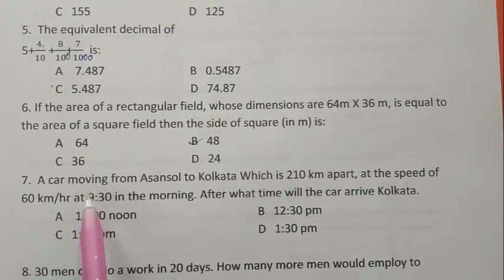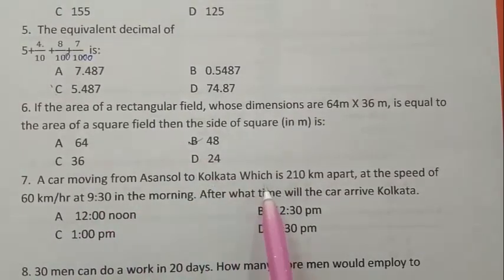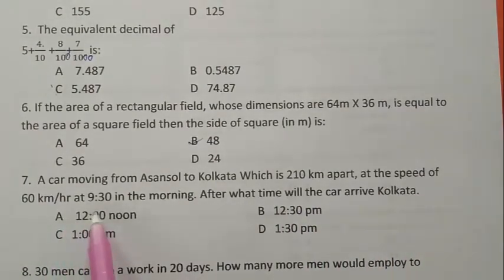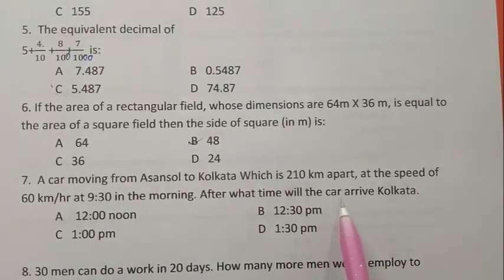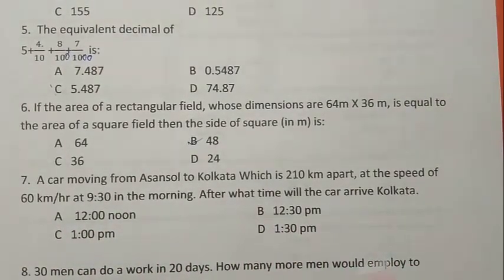Question 7. A car moving from Asansol to Kolkata, which is 210 km apart, at the speed of 60 km per hour at 9:30 in the morning. After what time will the car arrive at Kolkata?